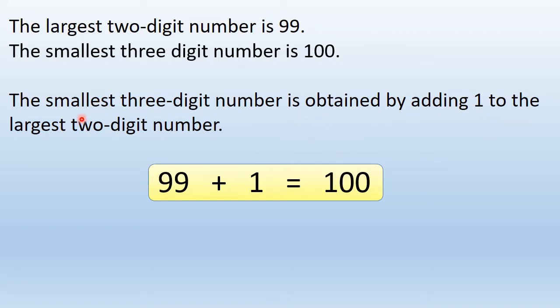So to obtain the smallest three-digit number, we add 1 to the largest two-digit number, which gives us 99 plus 1 is equal to 100.